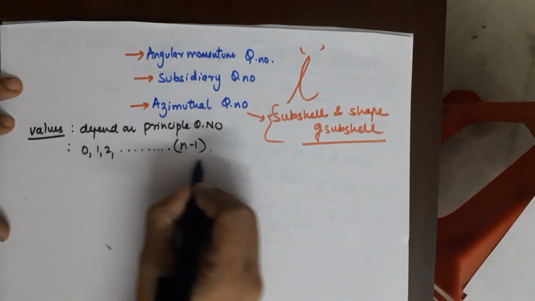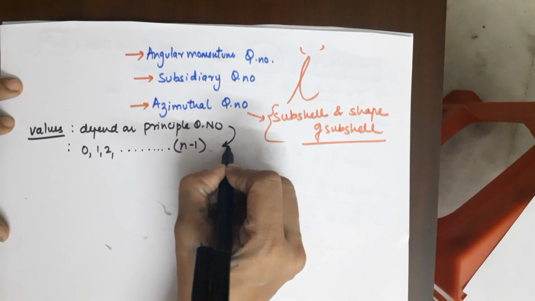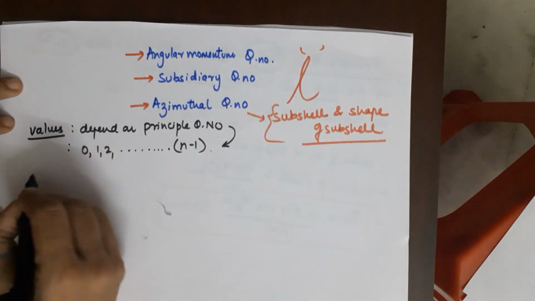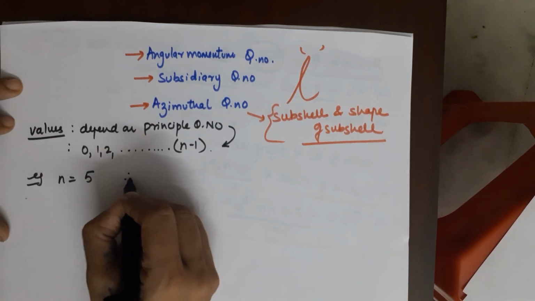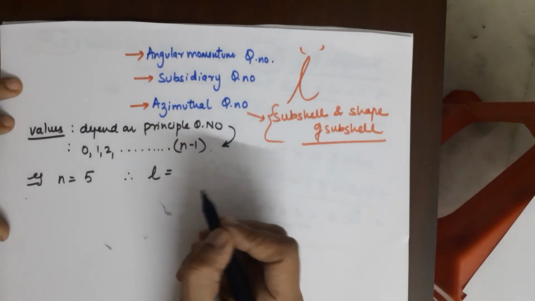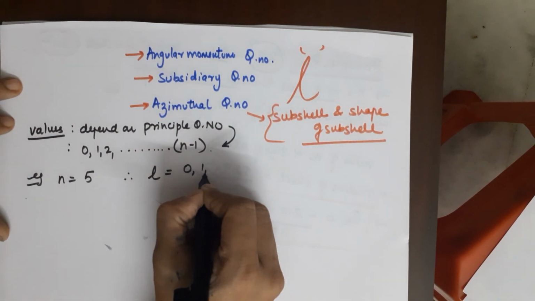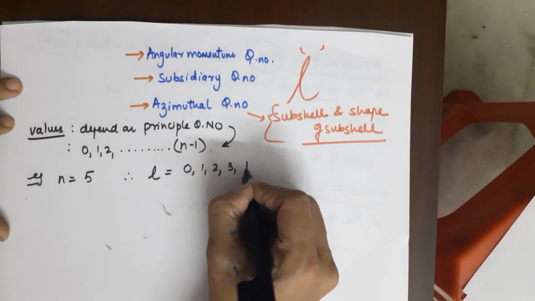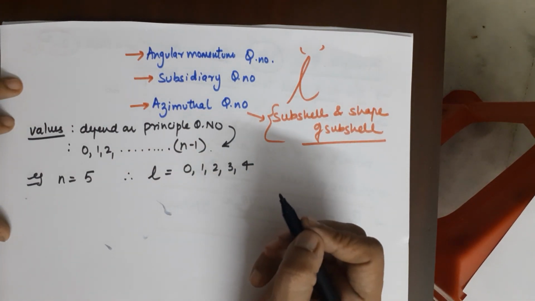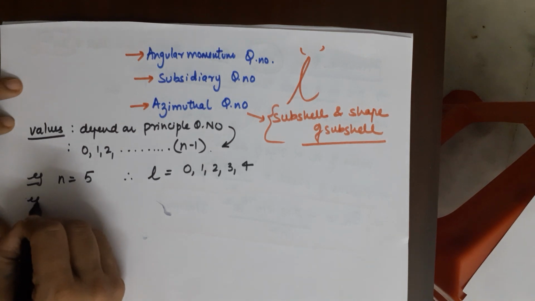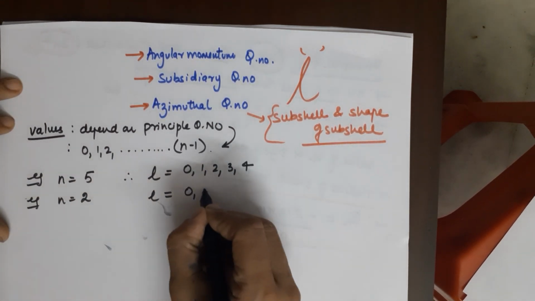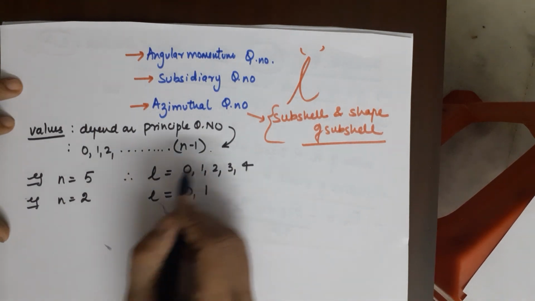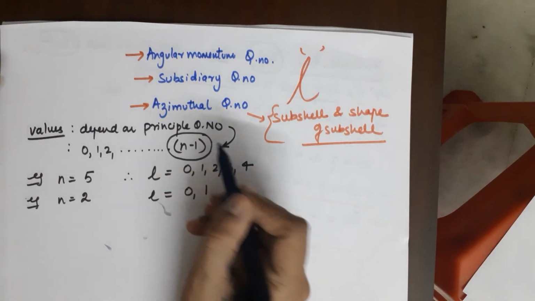For example, if your n value is 5, what will be the l values? The l values can be 0, 1, 2, 3 and 4, not beyond that. Similarly, if your n value is 2, the l value can only be 0 and 1, only 2 values, because it can be maximum up to n minus 1.